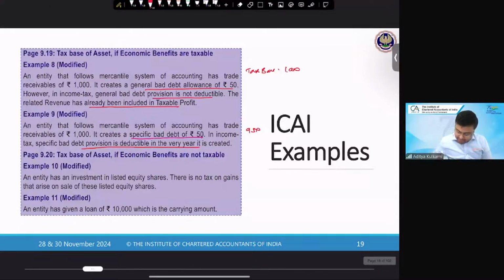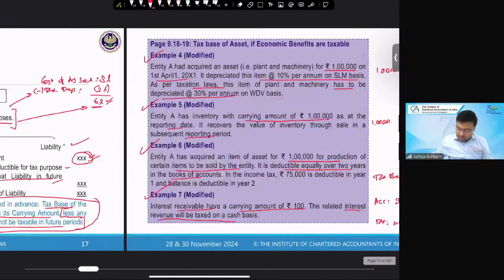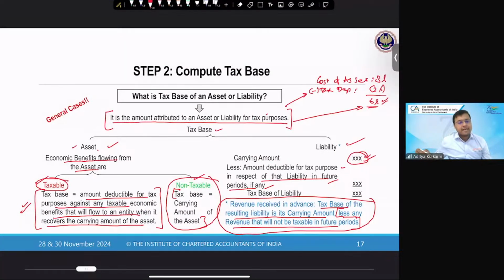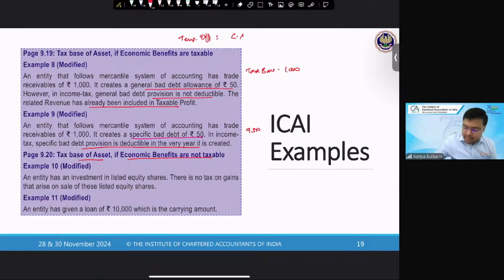Tax base of asset if economic benefits are not taxable. What is the rule if economic benefits are not taxable? It will be equal to carrying amount of the asset. See, why do they say that? Temporary difference is the difference between carrying amount and tax base.